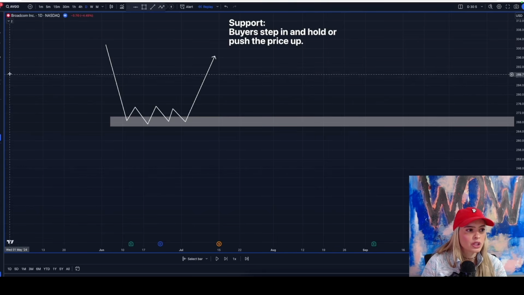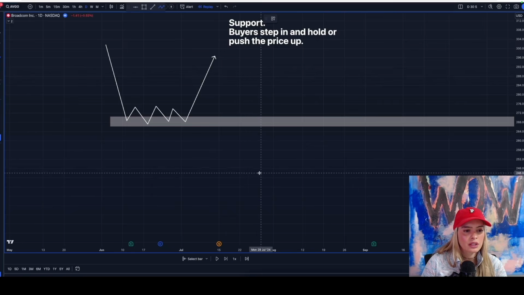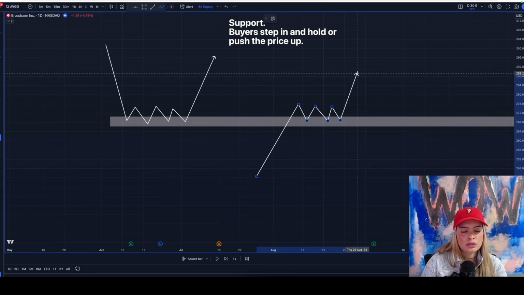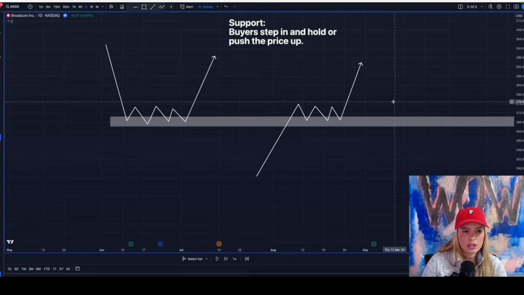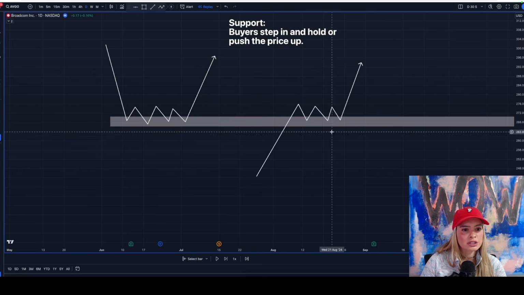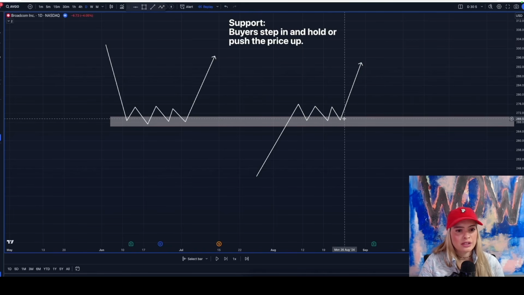Another way can be the market coming from the downside, buyers stepping in, breaking this level and holding it, and keep going to the upside. That's support. Basically, what it means is buyers are winning this race and holding the price at certain levels or pushing the market to the upside.